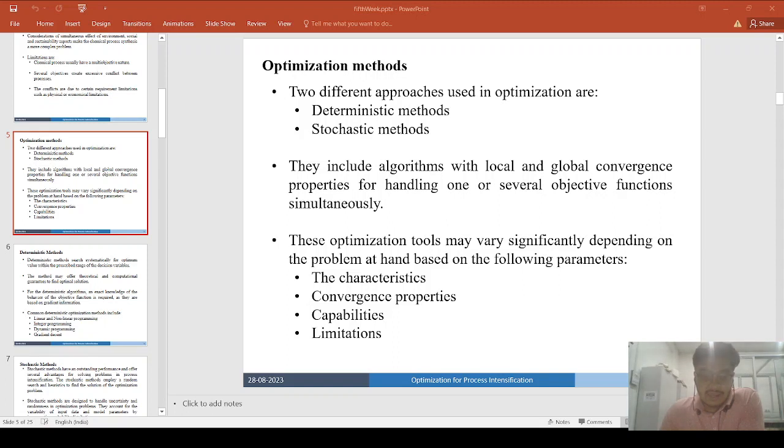The parameters are the characteristics of the system, the convergent properties of the algorithm, the capabilities of the algorithm, and the limitations of the algorithm.